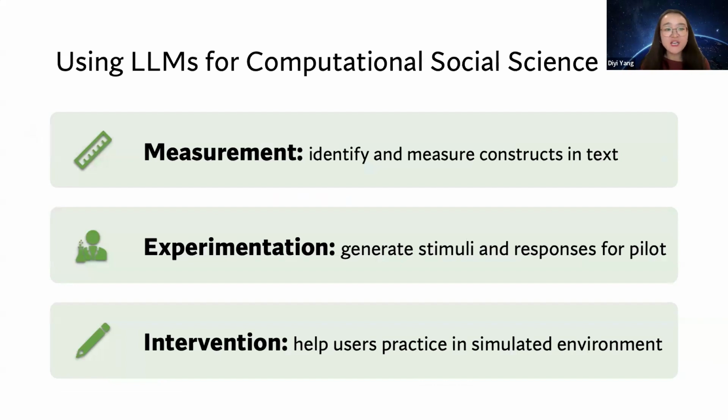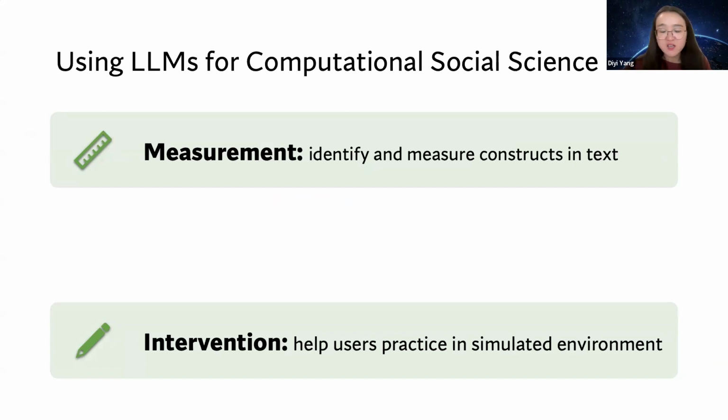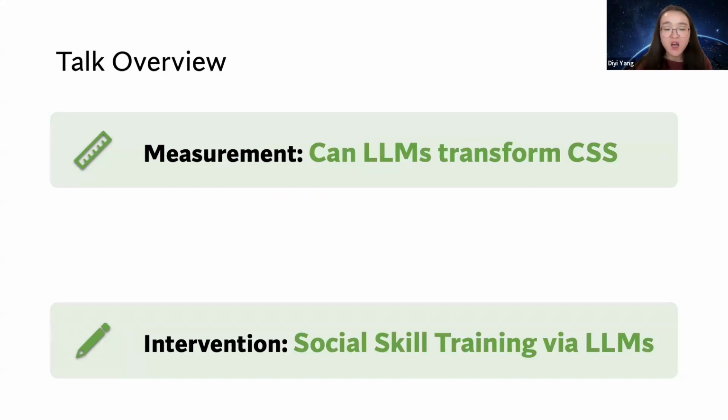So those are very quick highlights or possible approaches of large language models in the context of computational social science. In today's talk, I want to focus on just two aspects here, from a measurement perspective and from an intervention perspective. From a measurement perspective, I want to share our recent work on can large language models transform computational social science.